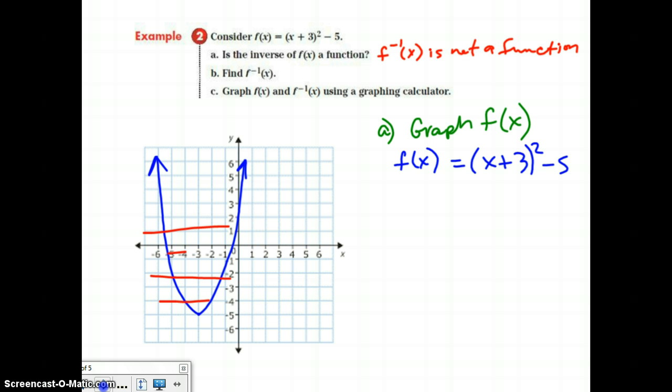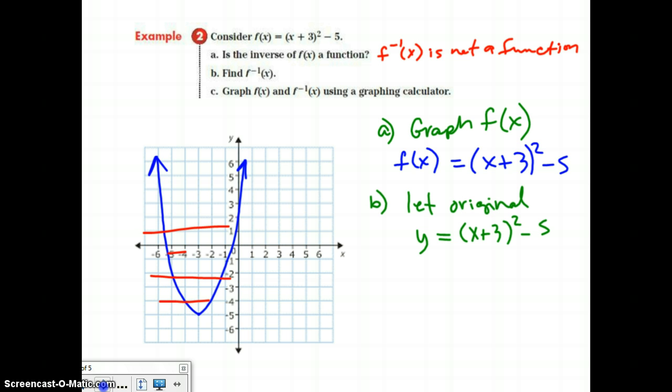Then it says find f inverse x. So this is a little bit different than using the table and just swapping the input and output values. We are actually going to trade the x and y in the function. So what I want to do is we're going to let the original function be y equals x plus 3 squared minus 5, and all we did was replace the f of x with the y.